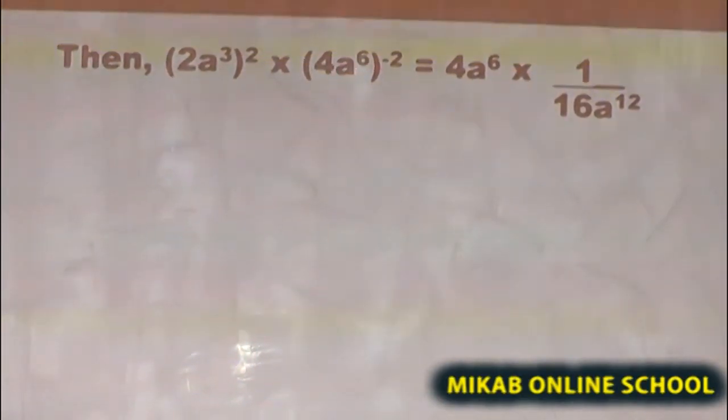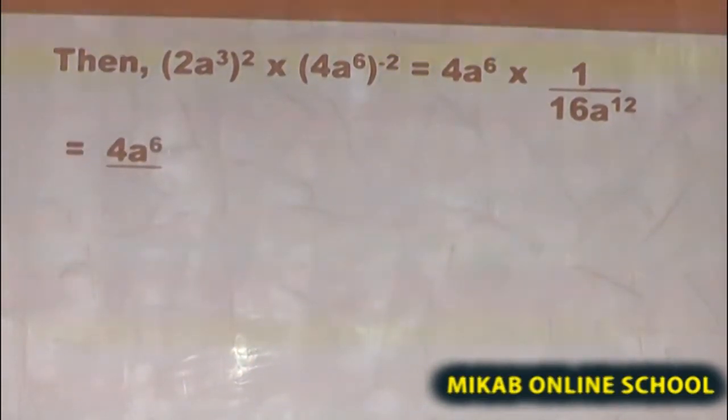Open bracket 2a raised to the power of 3 all raised to the power of 2 is 4a raised to the power of 6. And the expression of this open brackets 4a raised to the power of 6 close brackets to the power of minus 2 is given to be 1 all over 16a raised to the power of 12.